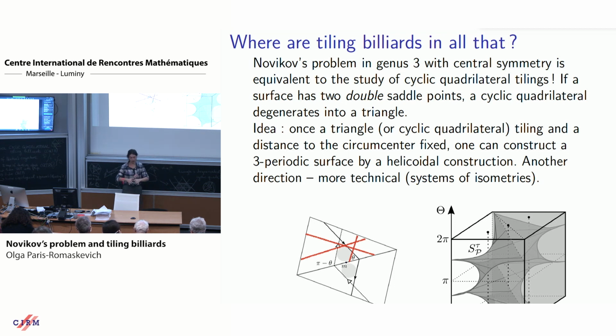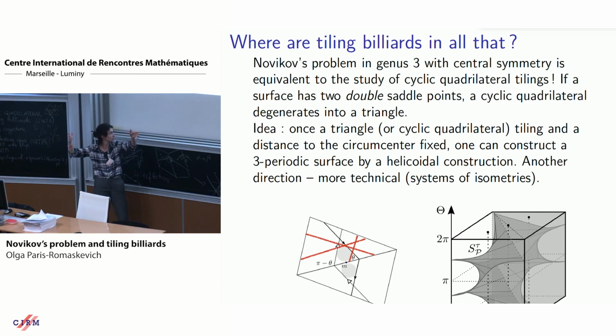And the idea is that you can do it everywhere on all the plane, and you're constructing a surface in such a way. It's obviously periodic in a vertical direction, but what follows from the folding is that this surface has two more space periods.